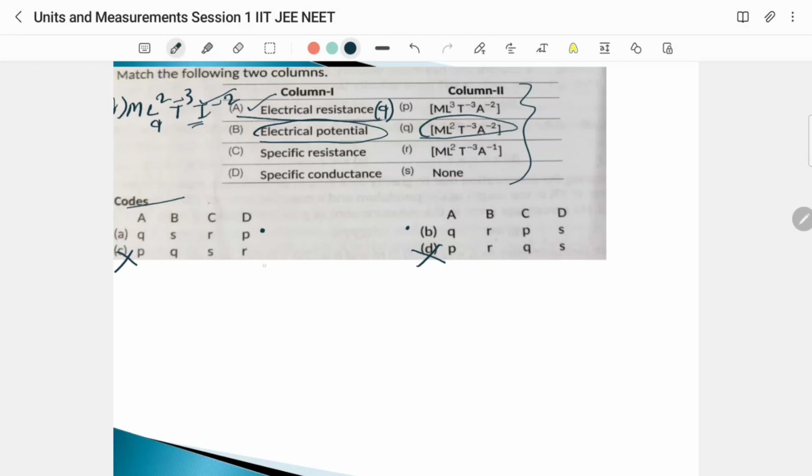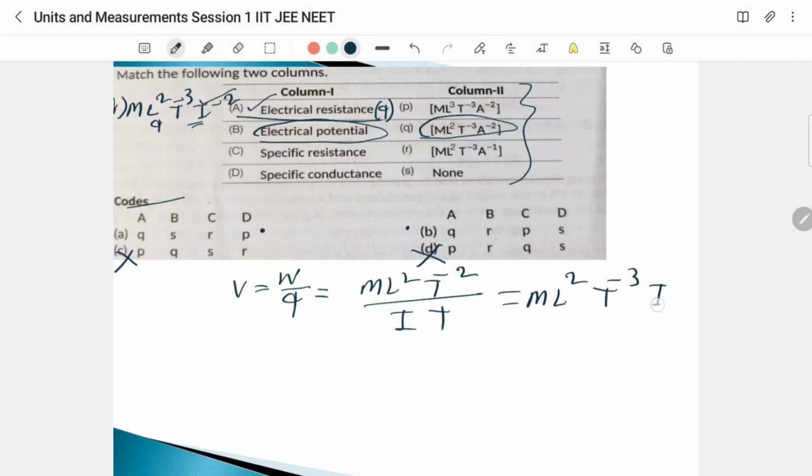Let us now move to the electrical potential, which we just now derived, W by Q, which is M L square T to the power minus 2 divided by I T, or M L square T to the power minus 3 I inverse. Let us sort through column 2. This is our option, so B corresponds to R. If we go through the options given in the answer, then this cancels out. So the only option we are left with is option B. In this way, you can get your answer much quickly.